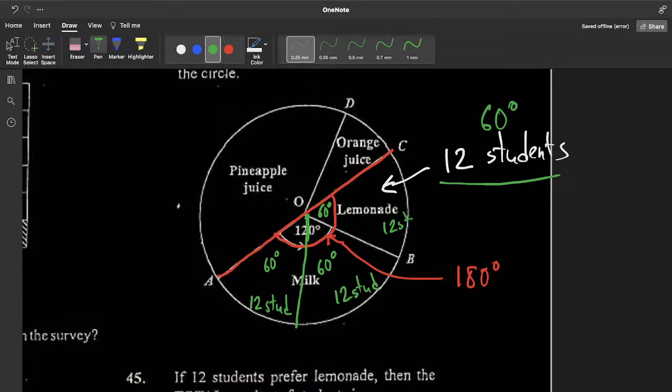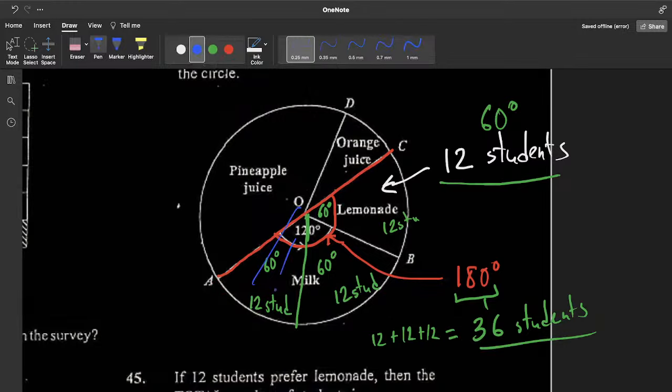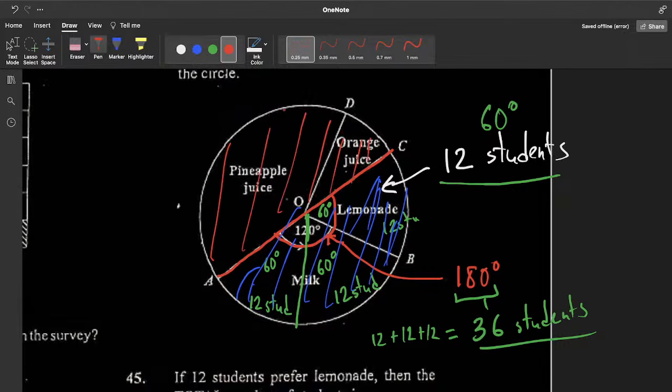So how many students do we have on the 180 side? 12 plus 12 plus 12, which is 36 students. Now if this side over here represents 36, that must mean that the next side over here must also represent 36.